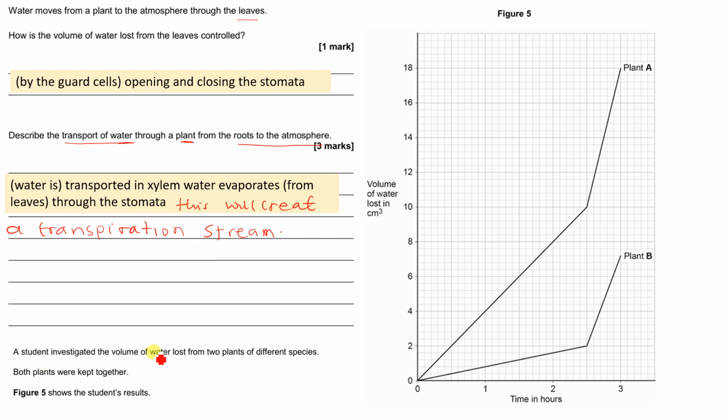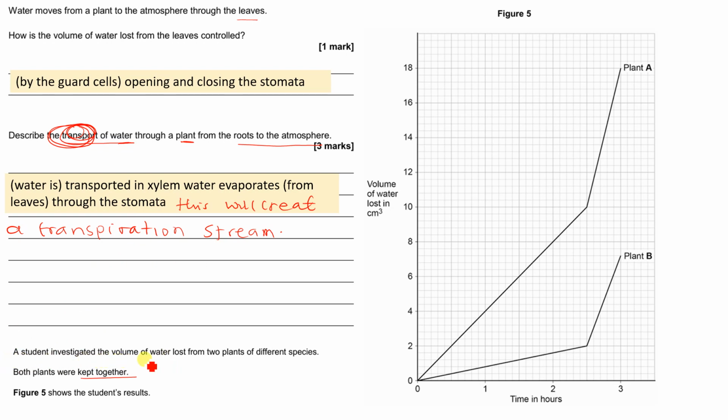This is transport, not absorption of water. So do not make that mistake by saying osmosis. No. Water moves through the transpiration stream through the xylem to the leaves. As you get to the leaves, it evaporates. So it will now form a continuous movement. So take note about that, please.